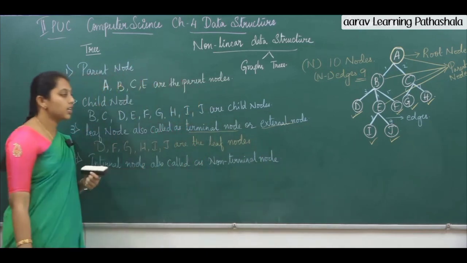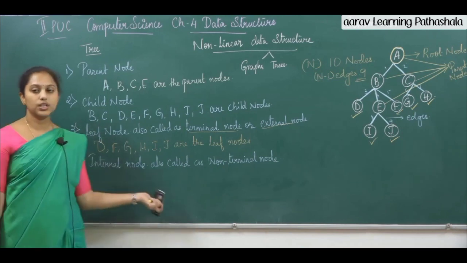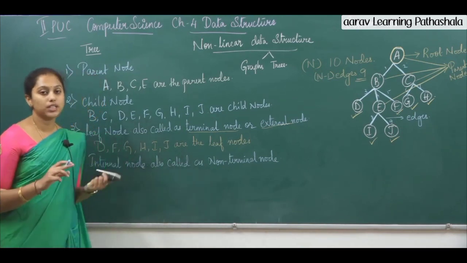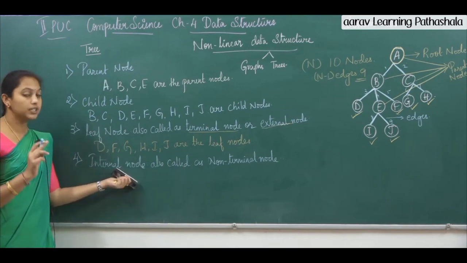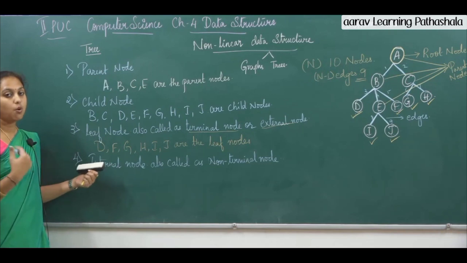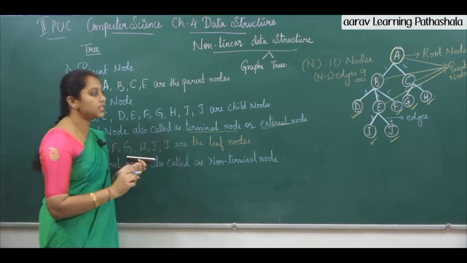In a tree, if a node contains at least one child node, it is called an internal node, and it should not be a leaf node. So what is the meaning of a node which has at least one child node?